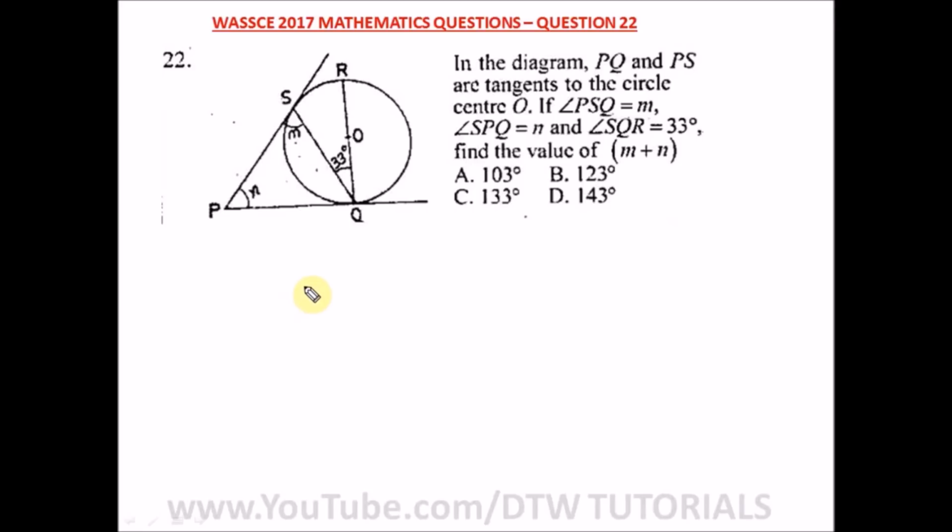Question 22 of our WASSCE 2017 mathematics past question. It says in the diagram PQ and PS are tangents to the circle center O. If angle PSQ is equal to M and angle SPQ is N and angle SQR is equal to 33, find the value of M plus N. So we're told to find the value of M plus N, that's these two angles.